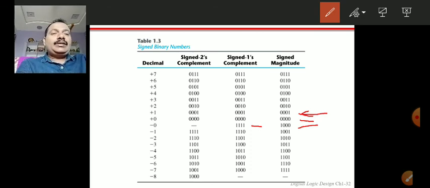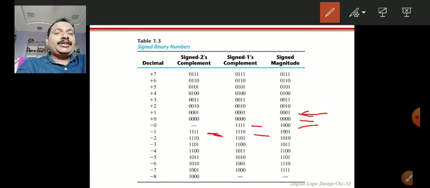Now let us observe minus 1. In the signed 2's complement format, minus 1 is represented as all ones, and in the 1's complement you will get 1 1 1 0.